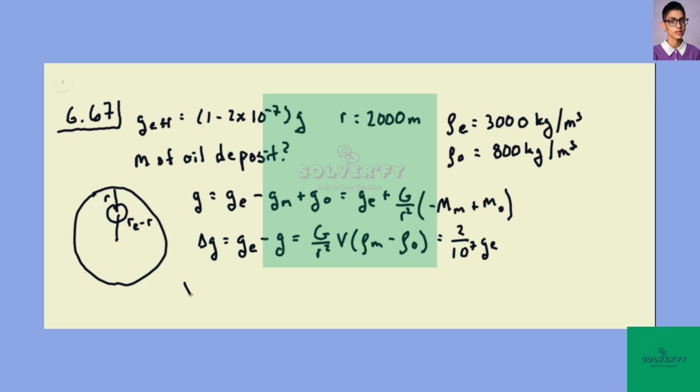so the volume of the oil is 2 over 10 to the 7th times actual G times r squared over big G times the difference in the densities to the -1 power.